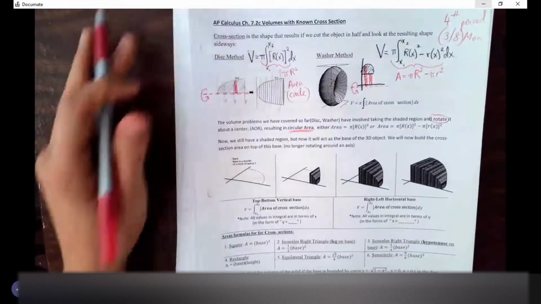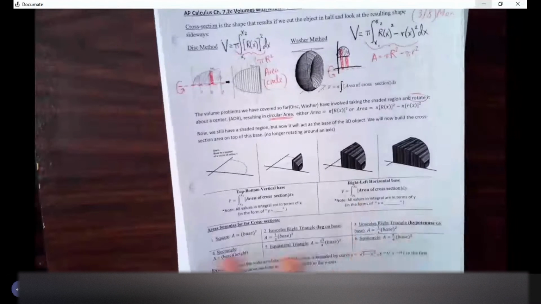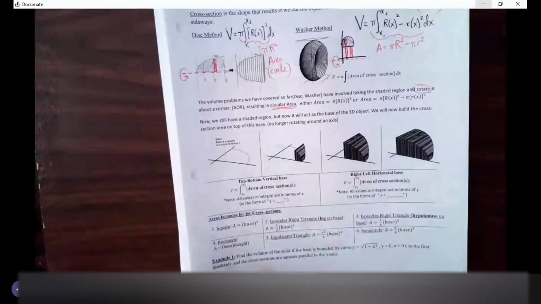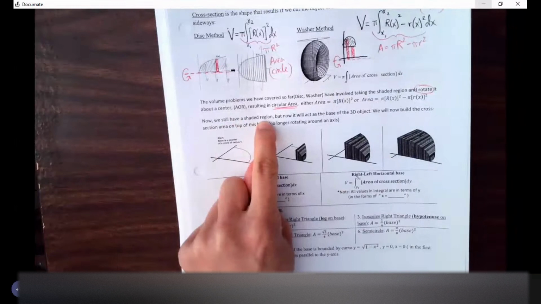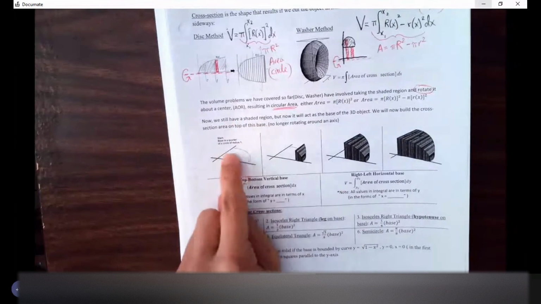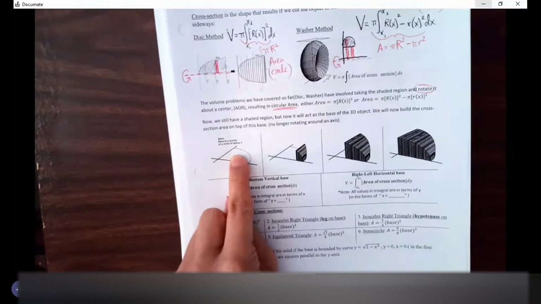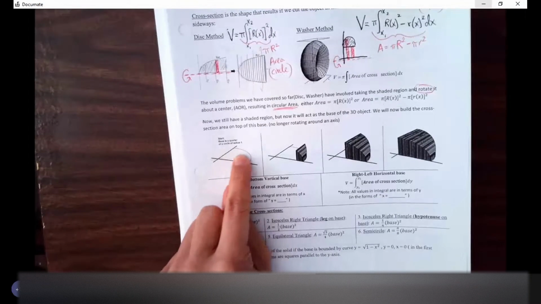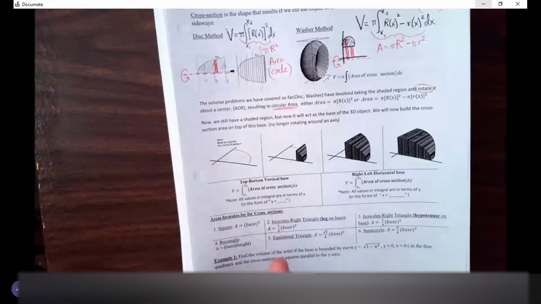Okay. All right, but now we're dealing with objects that are not necessarily going to have circular cross sections. So the way we're going to do that is we're going to start with some shaded region. Let's say this is the first quadrant here, this little quarter circle. But that's just the base. The shape of the base has no bearing on what we're dealing with.